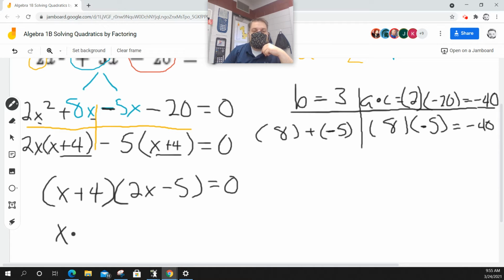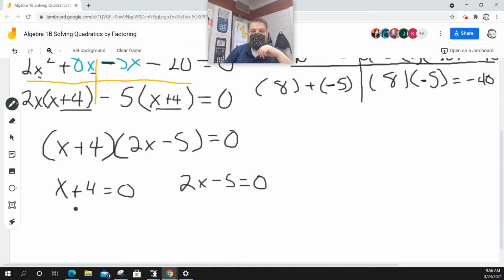And so I set both these equal to 0. So I've got x plus 4 equals 0. And then I've got 2x minus 5 equals 0. So I'm going to subtract 4 from both sides.